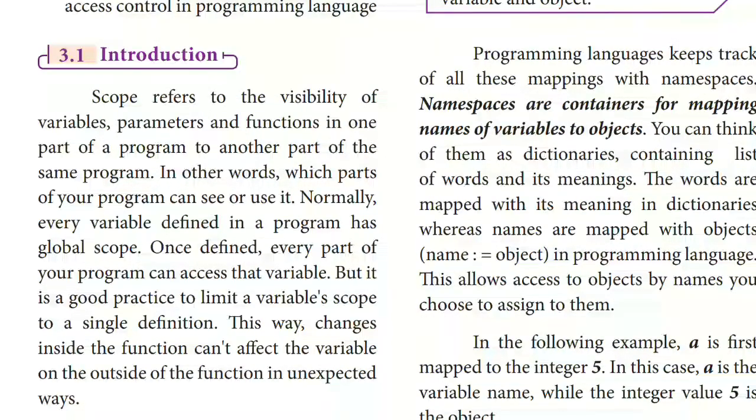If you give this variable a global scope, any part of the program can access this variable and can change it. So this is a disadvantage. So it's good practice to use the variable as a local scope, which means that you can restrict the accessibility of that variable or object.